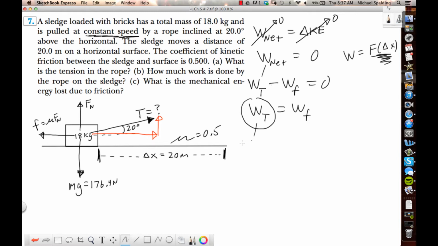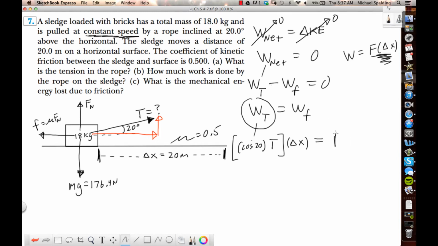We're going to say cosine 20 times T. What's cosine 20 T? That's the x component of tension. Then multiplied by the displacement is going to be equal to the work of friction.